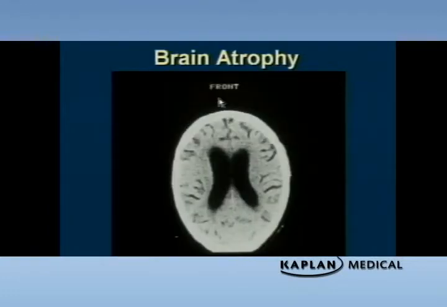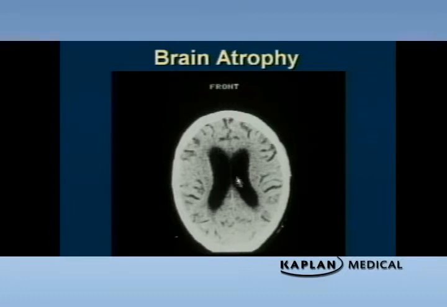Next image. This is diffuse symmetrical atrophy. This is a person who's got enlarging ventricles and hydrocephalus, but also you'll see that the gyri and the sulci are abnormal. This is a person who could have HIV. This is a person who could be an alcoholic. This is a person who could be an alcoholic, have HIV, or be 100 years old.